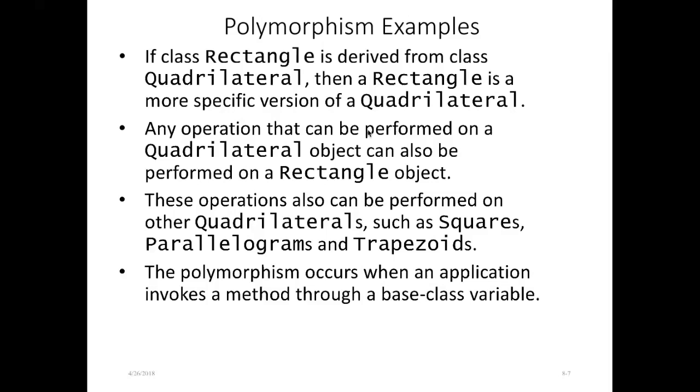For instance, the area of a triangle is different from the area of a square. So if I have a method that measures area, that area will be implemented differently. We will have a single method used every time. So let us come to an example.